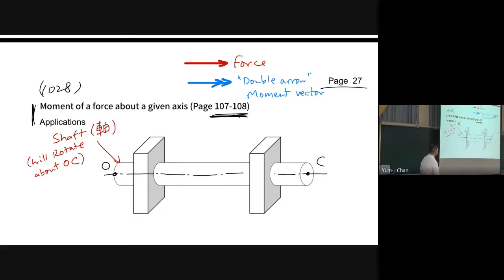It's okay. The single arrow means force or moment arm, and the double arrow means moment vector.